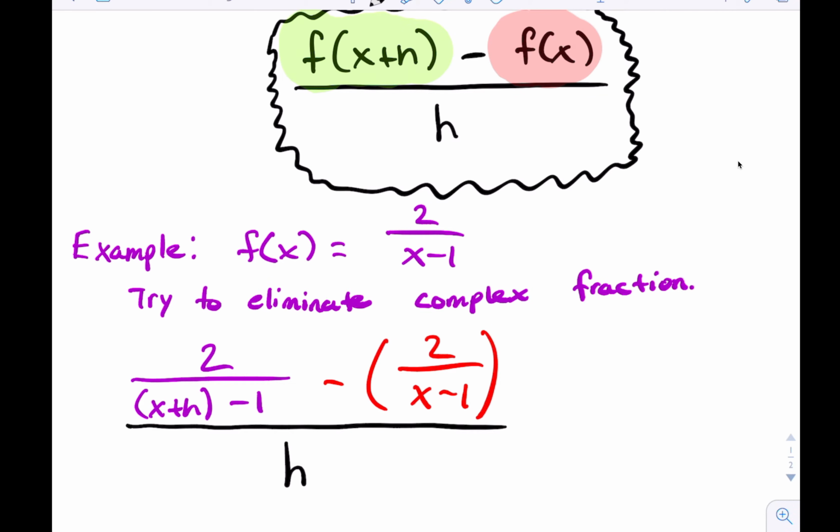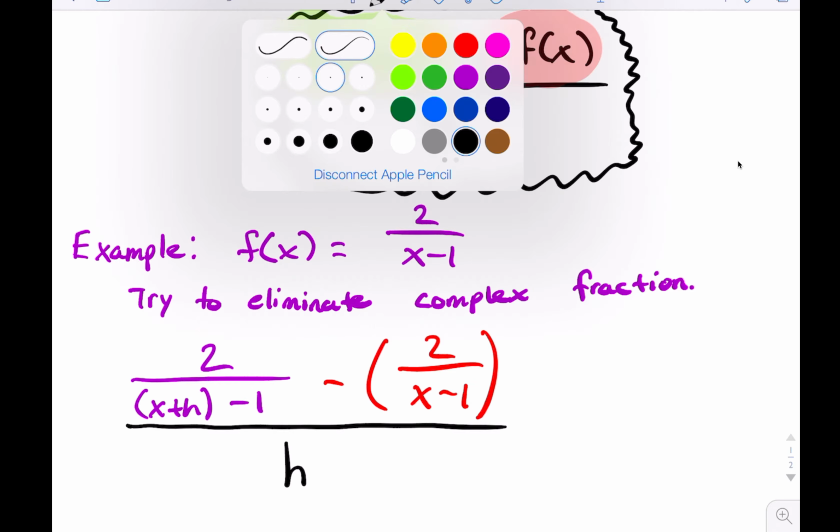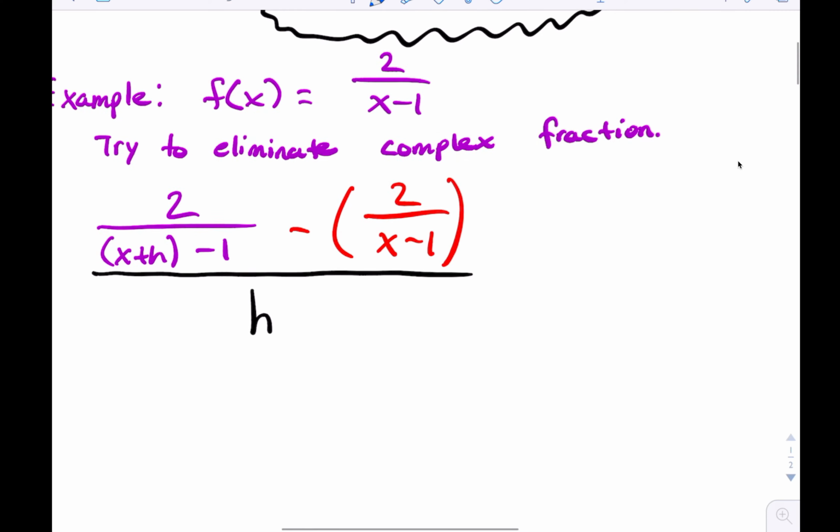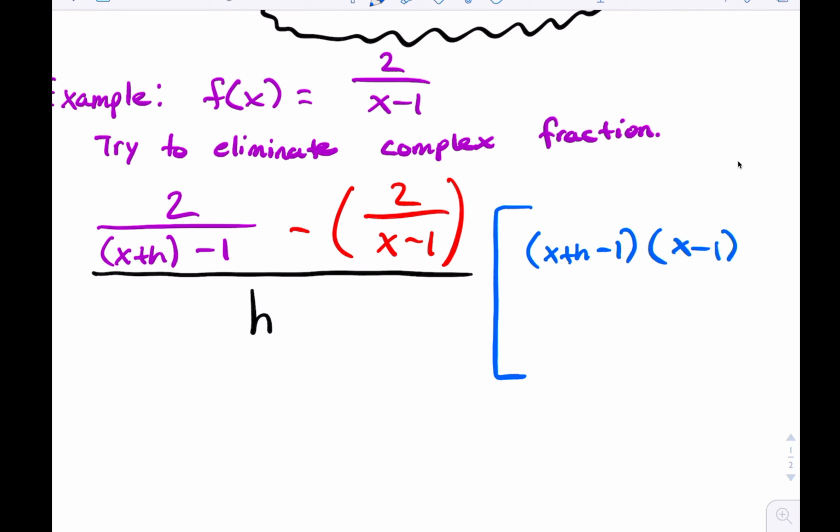I see that I have two fractions here: 2 over x plus h minus 1, and 2 over x minus 1. Then I need to get rid of those denominators, so I need to multiply by something that will help me do that. You need to find the common denominator between the two of them. In this case, it's x plus h minus 1 times x minus 1, and you multiply that on the top and the bottom.